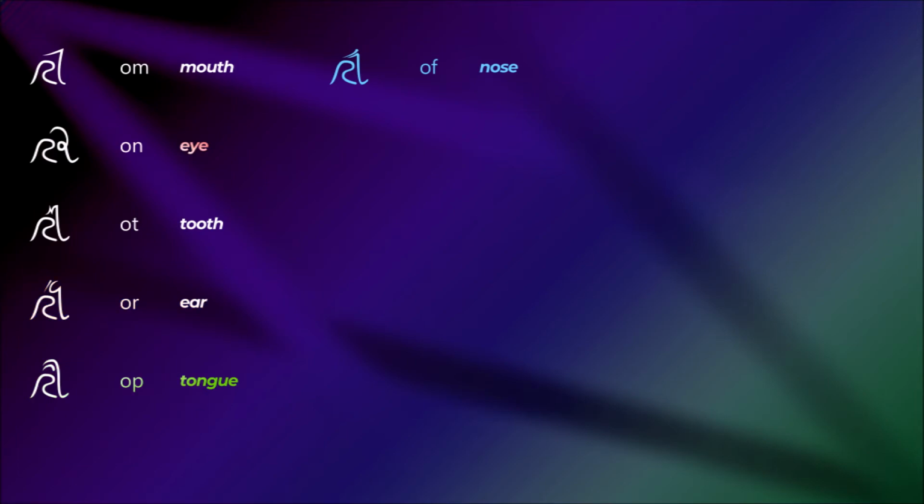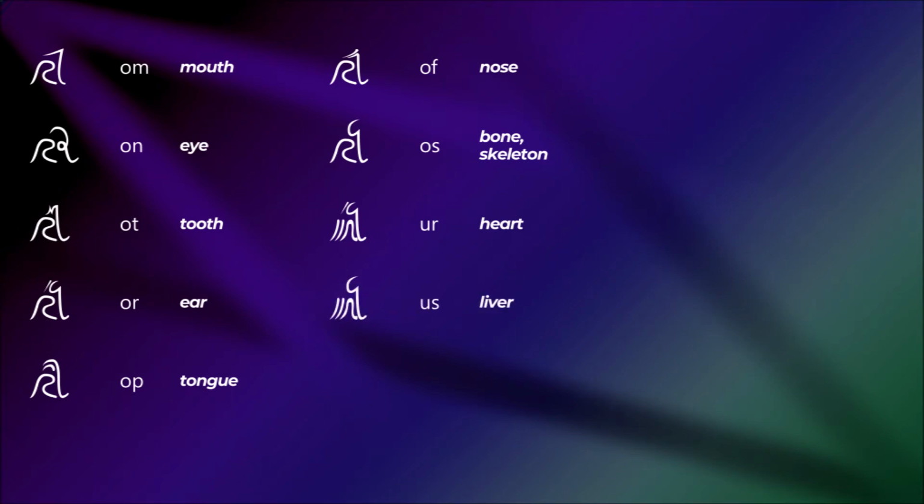Continuing. Os, bone or skeleton. Ur, heart. Us, liver. Tin, nail or claw. Ze, horn or tail.